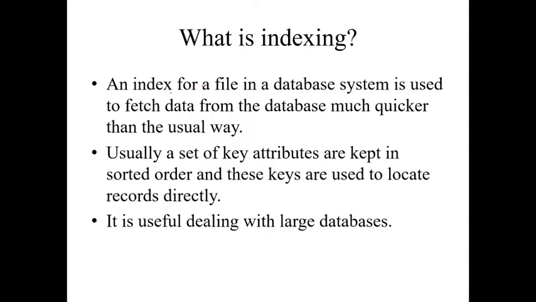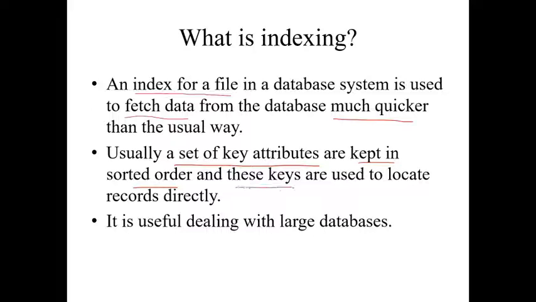So what we do in indexing is create something for a particular database file, because we want to fetch data in a much quicker way. We take a set of attributes and keep those attribute values in sorted order.